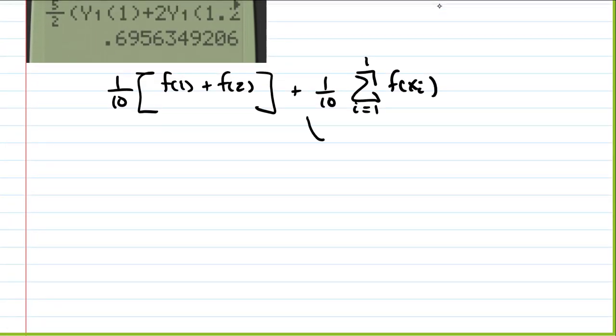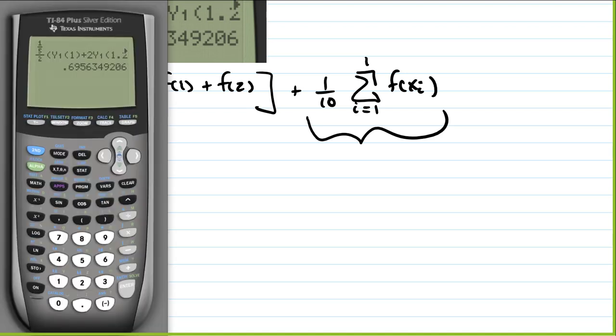Let's focus on this bit first in our calculator. So we have 1/10, and then to get our sigma, we go alpha window, and we choose choice number 2, and then we're going to have i go from 1 to 4 of 2 times, so we go 2 alpha trace y1, but then we need to put in our x sub i.